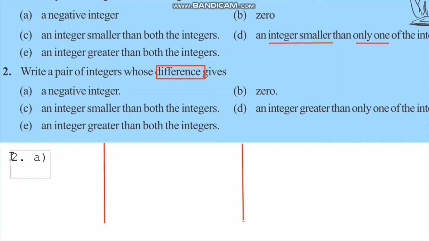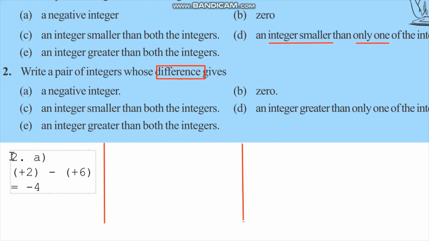So let us have our first integer to be plus 2. Let us subtract something that is bigger than plus 2. That is, let us subtract plus 6. In this case, our answer is going to be minus 4.